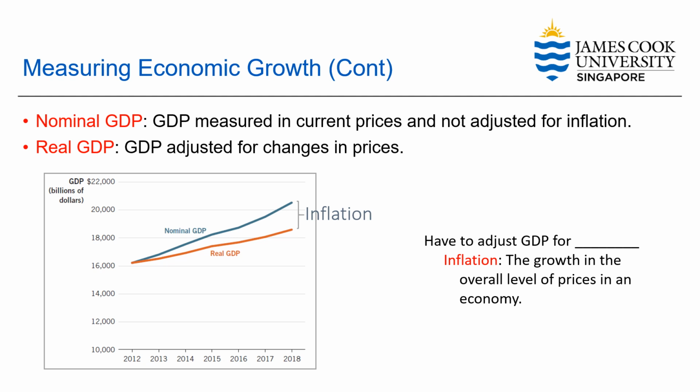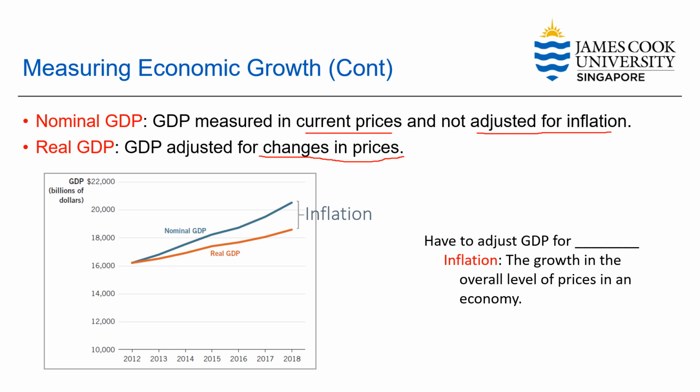The nominal GDP was measured in current prices and hence not adjusted for inflation, which means when the nominal GDP increases, it could be attributed to either we are producing more goods and services or the price has been increasing. While in comparison, for the real GDP, the GDP has been adjusted for the changes in price because we always use the base year's price when calculating real GDP.